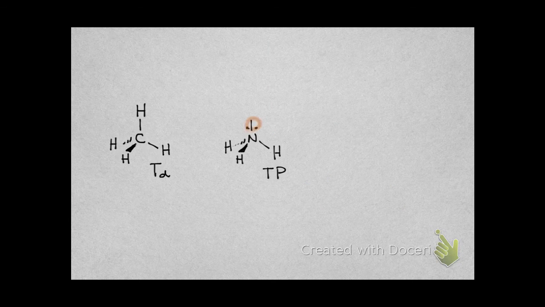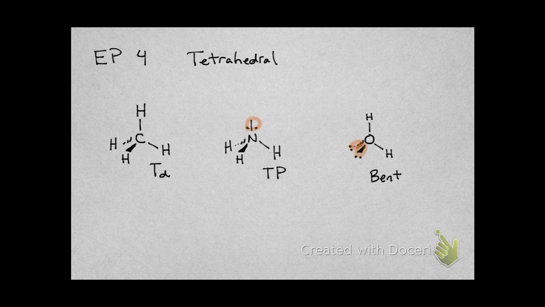Okay, so let's review this quickly. We had 3 molecules. Each of these molecules had the same number of electron pairs, which is 4. And therefore they had the same electron pair geometry, the same starting point, which is tetrahedral. But of course each one had a different number of lone pairs. 0 lone pairs for the methane, and therefore its shape is the same, tetrahedral.